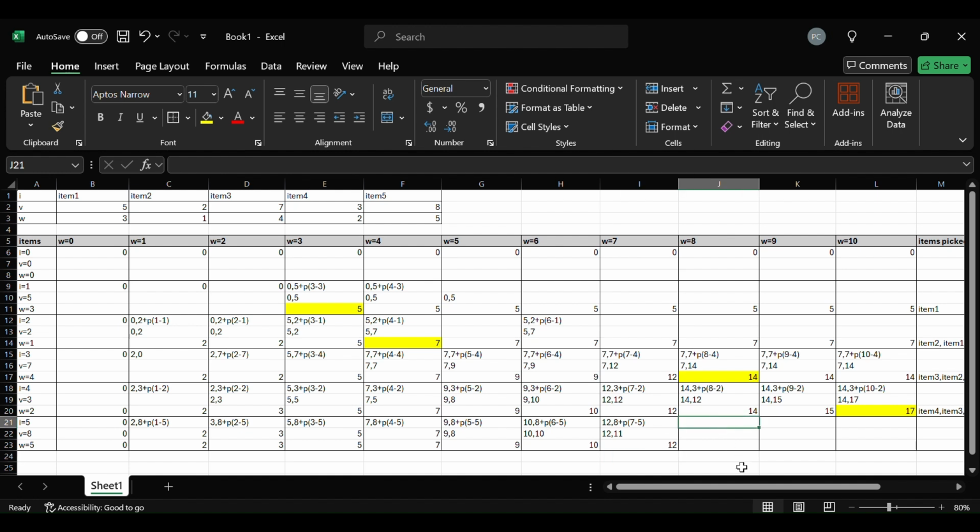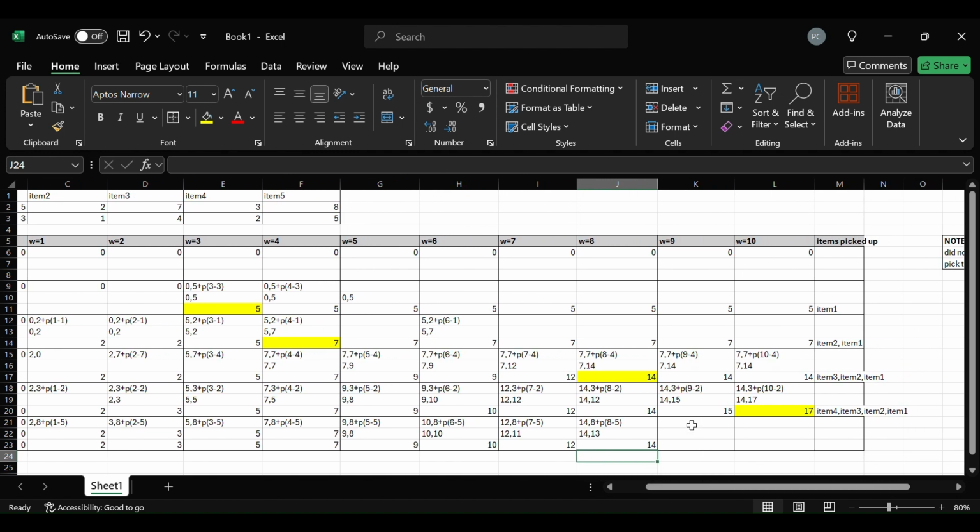Here, did not pick up 14 versus 8 plus 8 minus 5. So go to P of 3 here. This will be 14 versus 8 plus 5, 13. And the decision is did not pick up. Here, did not pick up is 15.